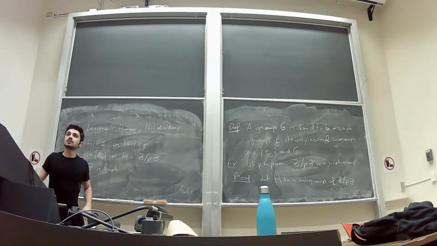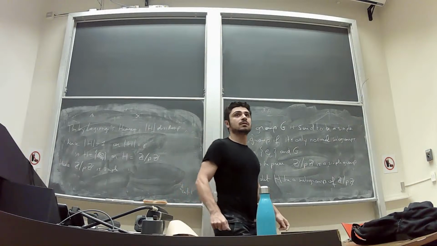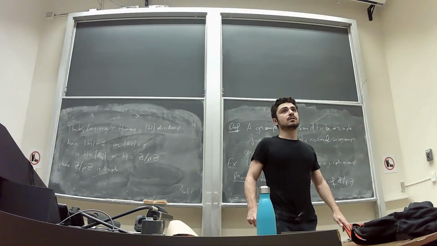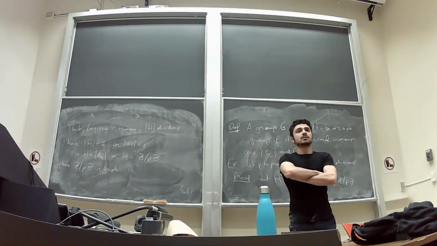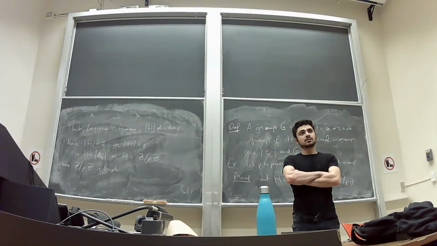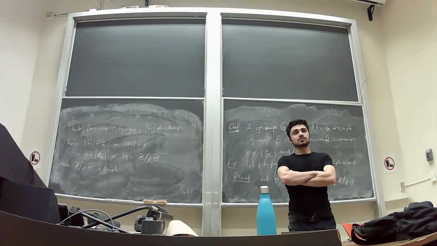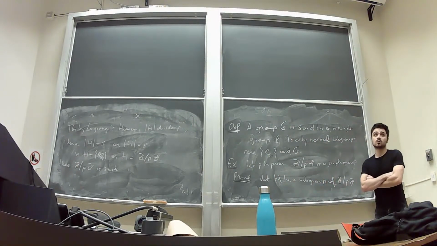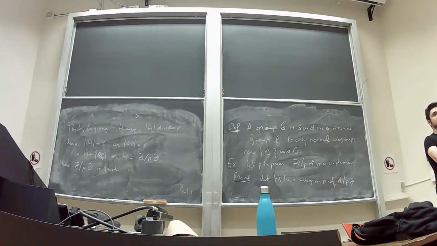It's not true that every subgroup is normal. If this property is true, then this subgroup is normal. Okay? Is that what you're asking?